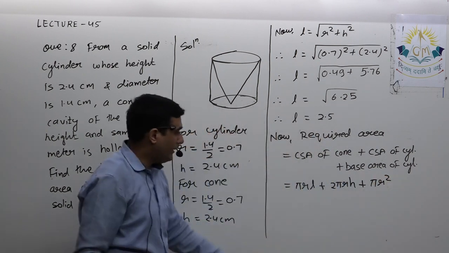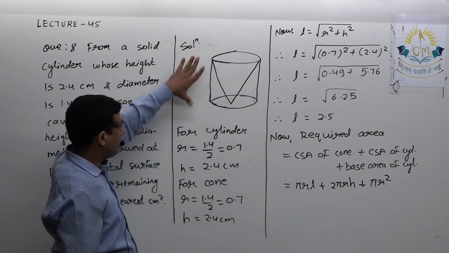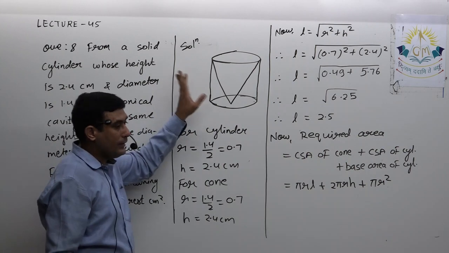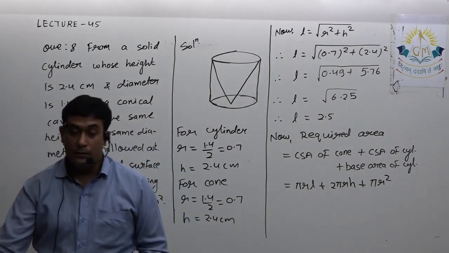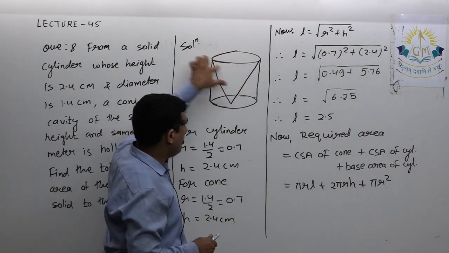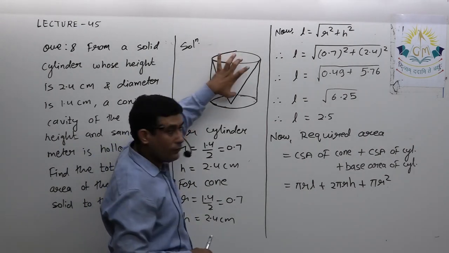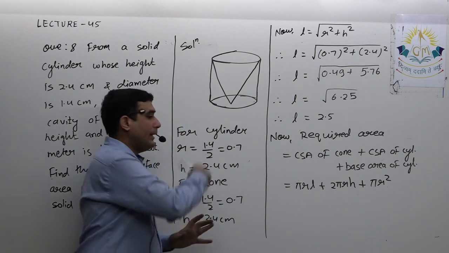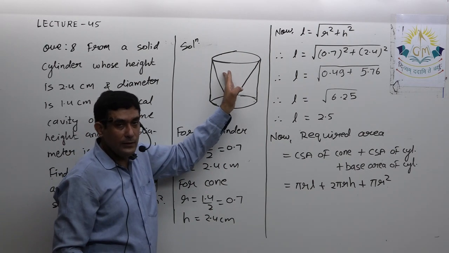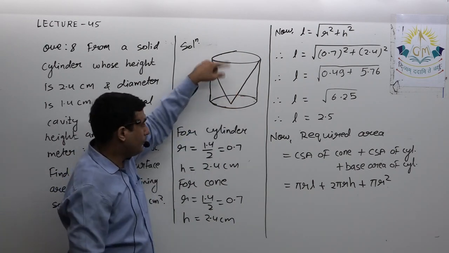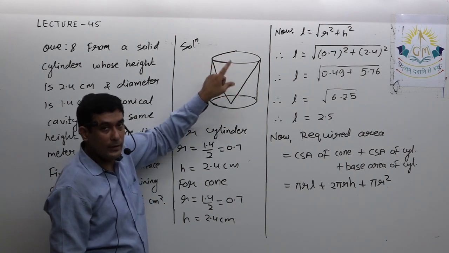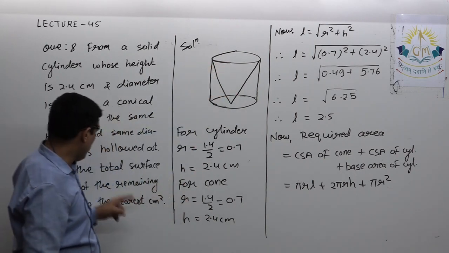Before I proceed further, let me explain why and how we are getting these things. Here you have to find the total area of the remaining solid. One cone of the same diameter and height is taken out from a cylinder. When we take out that cone, you will find a conical cavity within the cylinder. That means it is possible to paint on that, to color on that, and here we have to find the total surface area.